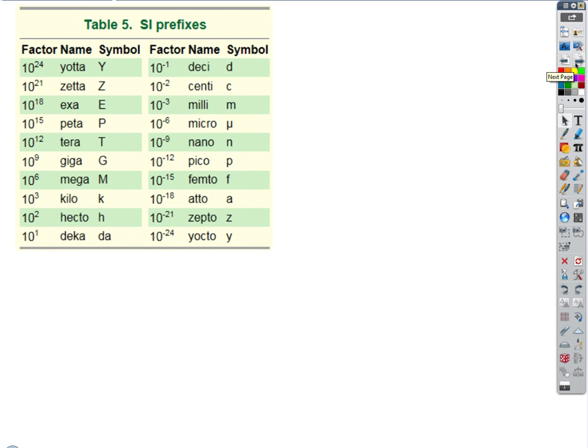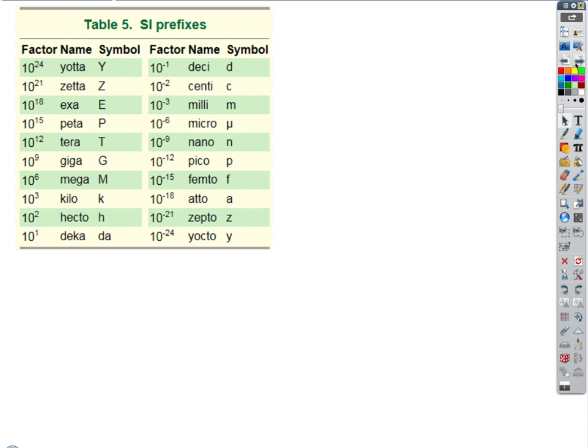What happens though when we want to talk about very widely varying scales in physics? We still want to talk about quantities, but if we're talking about the mass of an electron compared to the mass of a galaxy, those are pretty far apart, and so frequently we'll use SI prefixes to make the scale of the units much bigger or smaller.